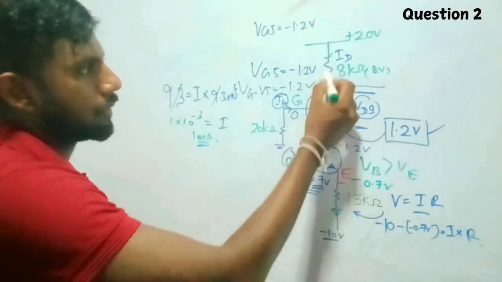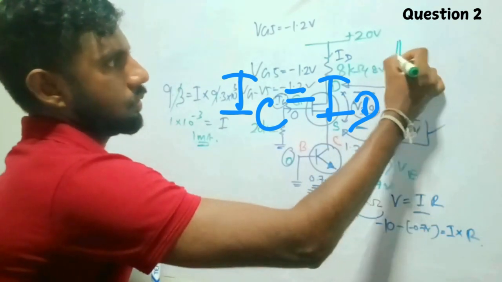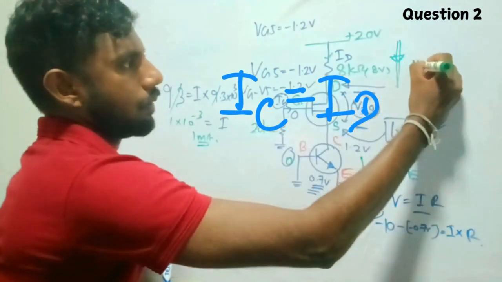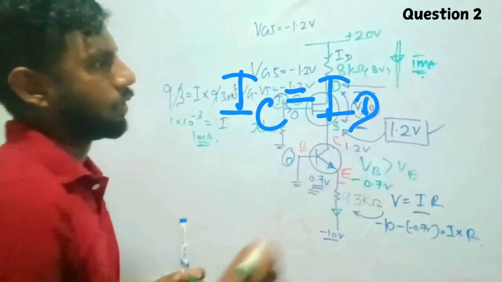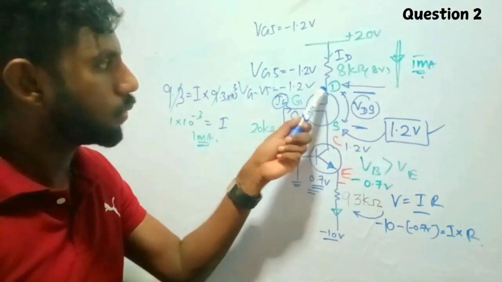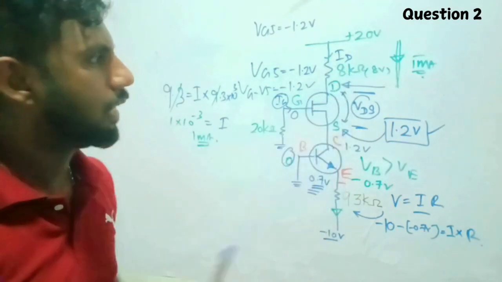1 milliampere. That means the ID current through the drain, through D and S, is 1 milliampere, the current through the channel, right? To find the potential at D, we can apply V equals IR for this 8 kilo ohms resistor.